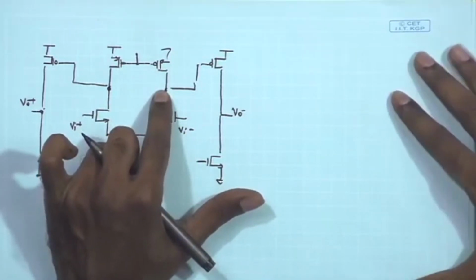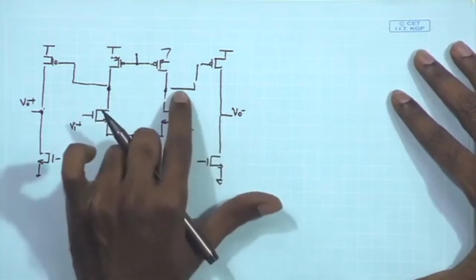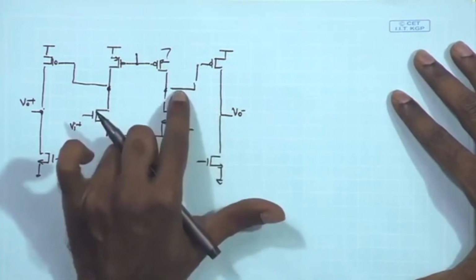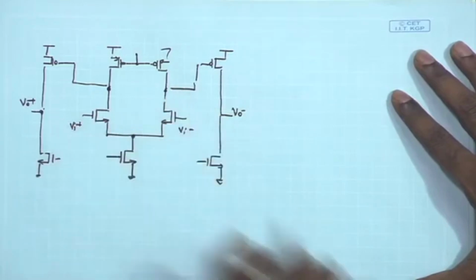Just like we did for the common mode case, here also we can take the help of a compensation capacitor, so that one of the nodes is pushed towards very low frequency and we get good phase margin. To do that, we can exploit the gain of the second stage and put a compensation capacitor between the output of the first stage and the output of the second stage.